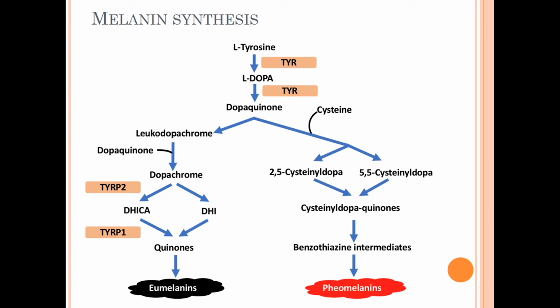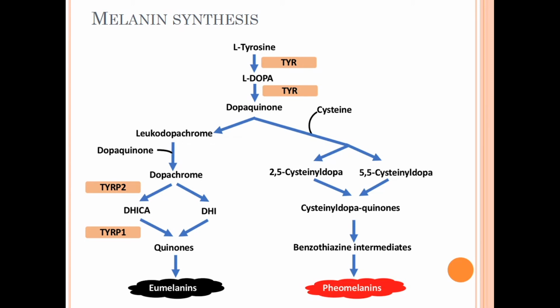The substrate is the amino acid tyrosine, and the rate limiting enzyme is the tyrosinase enzyme. The structure and function of this tyrosinase enzyme is stabilized by other important proteins called tyrosinase related protein 1 and 2.